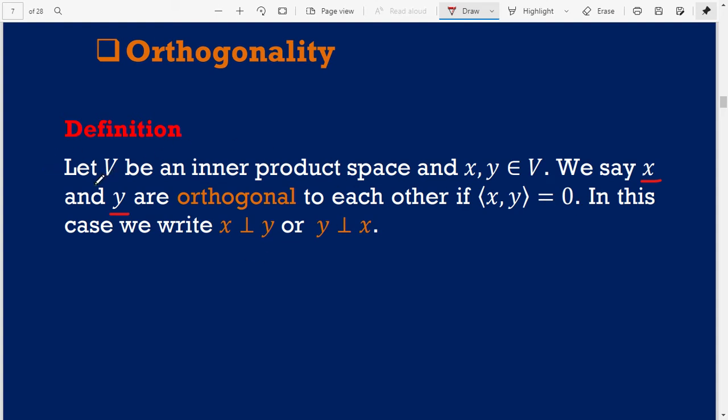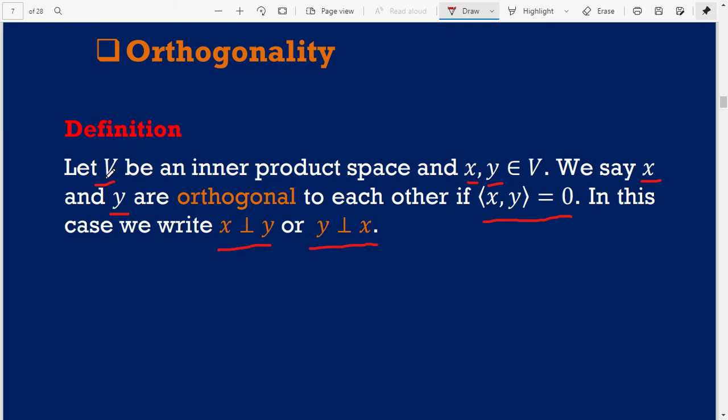Here we let V be an inner product space and x, y belong to V. Then we can say that x and y are orthogonal to each other if inner product x with y is equal to 0. In this case, we write x is orthogonal to y and y is orthogonal to x.